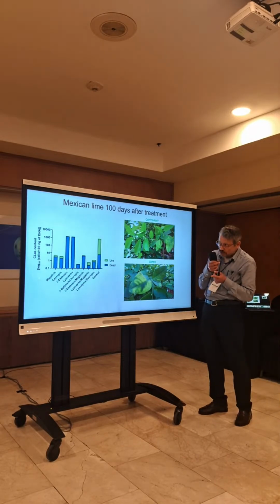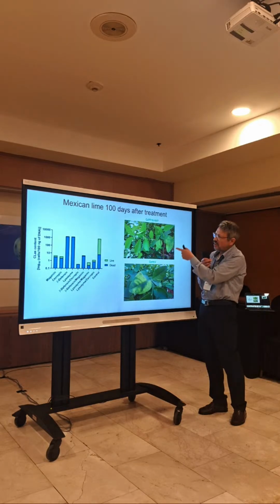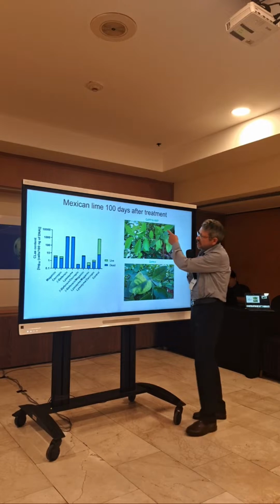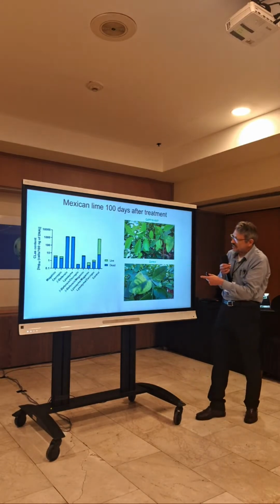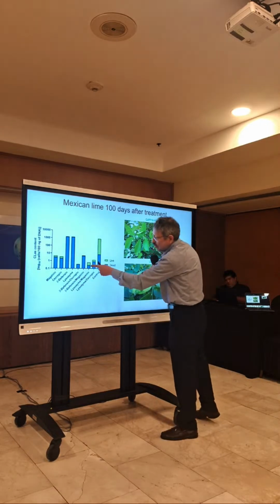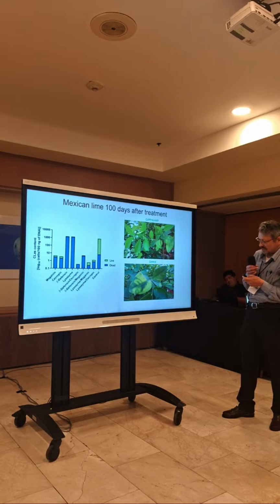And the interesting point is that we used diseased plants. These plants already had a lot of symptoms and a high load of bacteria. After 100 days of treatment, the plants recovered, and the amount of live bacteria in these plants was very low or undetectable.